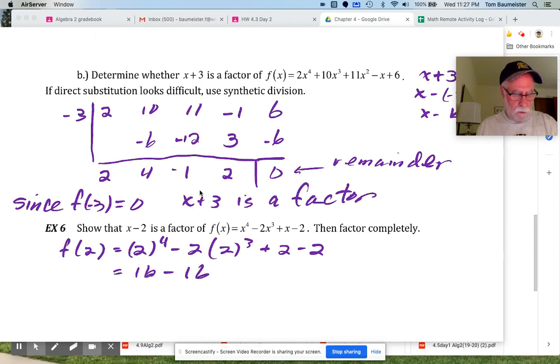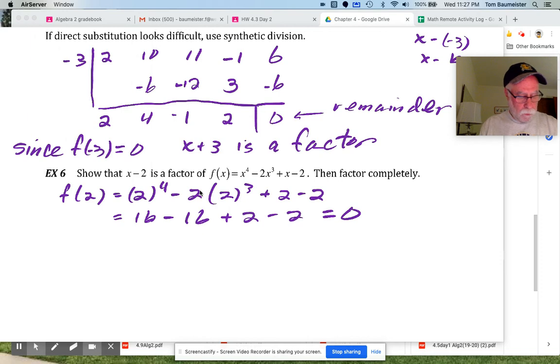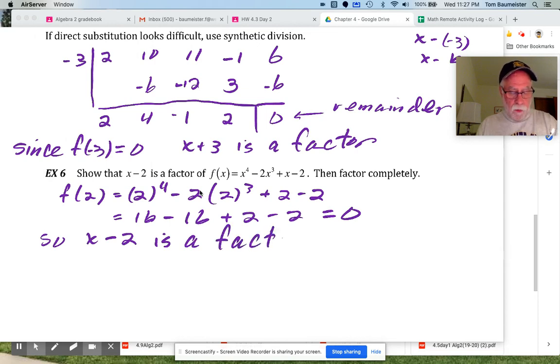So I'll have 16 minus 16. We had plus 2, we have minus 2. As you can see, that does equal 0. So x minus 2 is a factor.